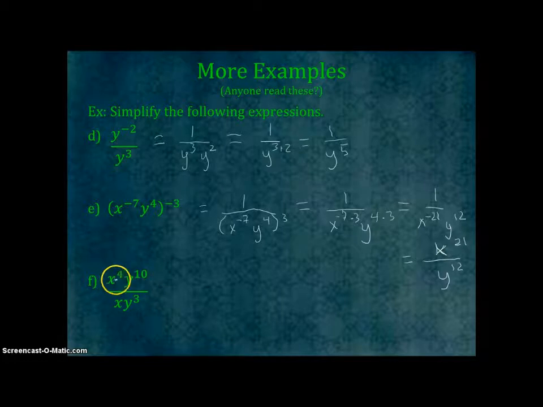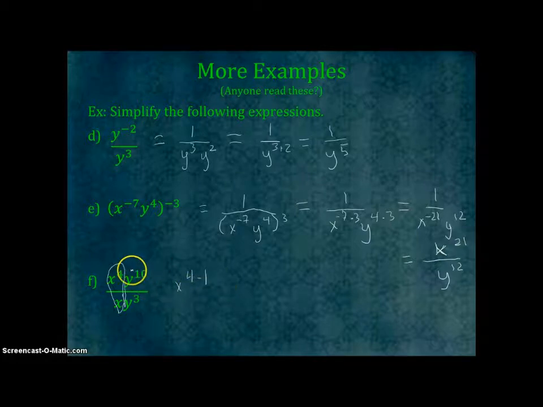And now we have multiple variables being multiplied in both the numerator and the denominator. Notice that we can split it up between x's and y's. The x's, remember, we're going to subtract the exponents. There's an invisible 1 to the first power over that x in the denominator, so that's x to the 4 minus 1 in the numerator.